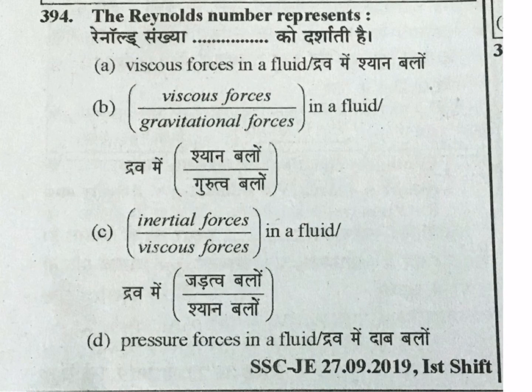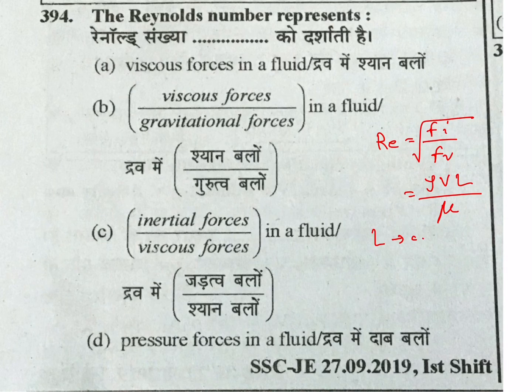The Reynolds number represents, Reynolds number already told, R equal to inertia force by viscous force, rho V L or D by mu. L here is characteristic dimension or characteristic length also. You can write D also, no problem.